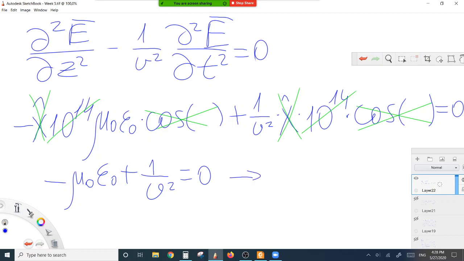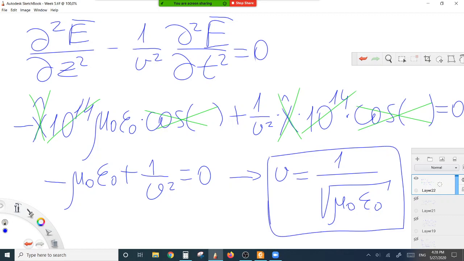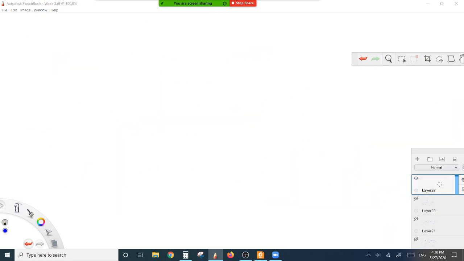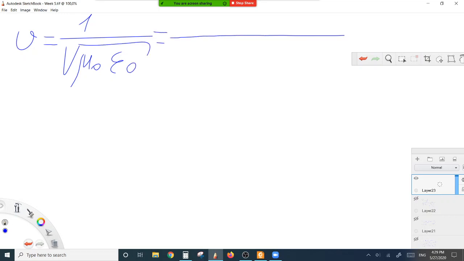From here, v equals 1 over square root of mu 0 epsilon 0. And now, what about the numeric value of v? So, numeric value of v equals 1 over the square root of mu 0 epsilon 0.